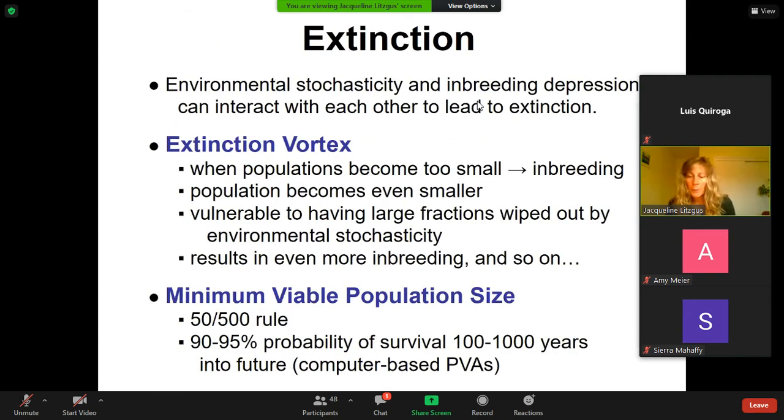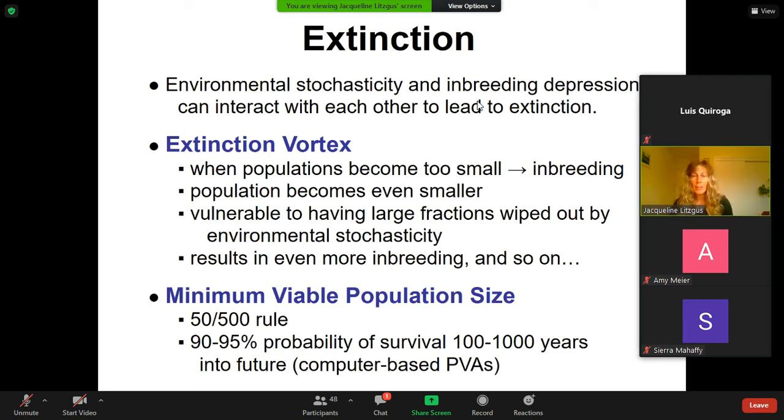Okay. So the idea of environmental stochasticity that I mentioned, and also inbreeding depression, can interact with each other to lead to something that's called an extinction vortex. So this is the idea that if the population becomes too small, and then you end up with some inbreeding, right? So relatives end up breeding with each other, and then you're going to have deleterious alleles, which means lower survivorship, making the population even smaller, then making it even more vulnerable to having large fractions wiped out by some stochastic environmental event, which then results in a smaller population with more inbreeding and so on and so on.